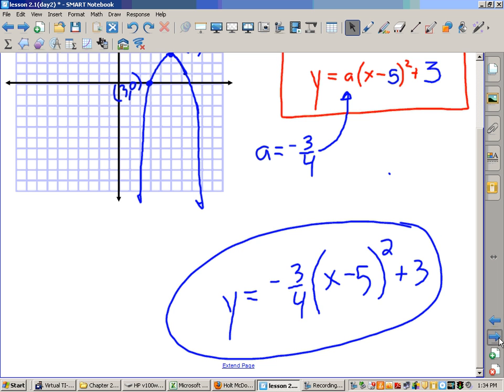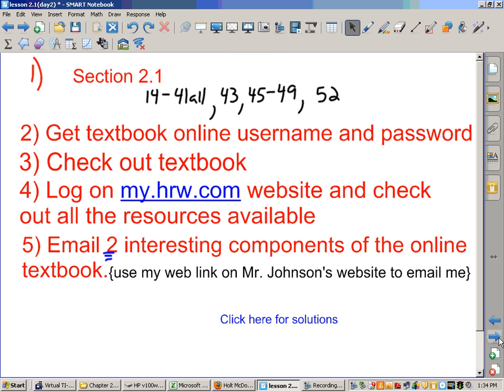Okay. Your assignment for tonight. You still got that little half sheet, that little sliver of sheet I gave you? You can write this down wherever you like. The assignment: Section 2.1. It was a lot easier for me to write down 14 through 41 and have you realize you have done some of those problems already. And if you want to do them again, you have fun.